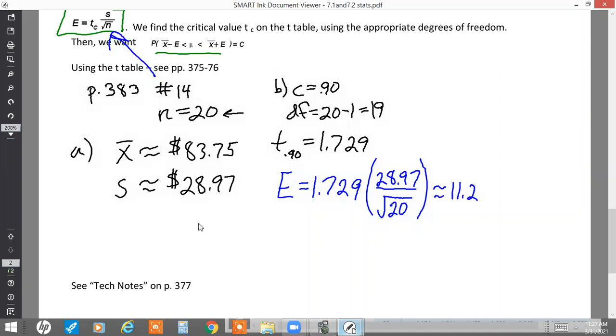Okay. And then I calculate my confidence interval, X bar plus and minus E. So that's going to be 83.75 plus and minus the 11.2. And I'll do that on my calculator.